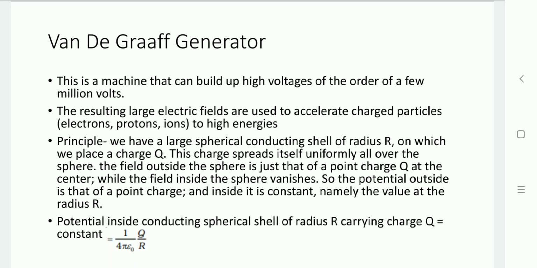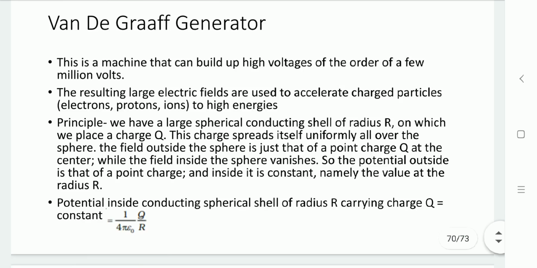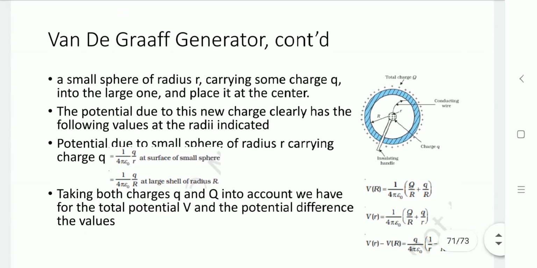The potential due to this new charge clearly has the following value at the radii indicated. The potential due to the small sphere of radius r carrying the charge q is 1 by 4 pi epsilon 0 q by r, and the larger sphere has a potential 1 by 4 pi epsilon 0 Q by R.